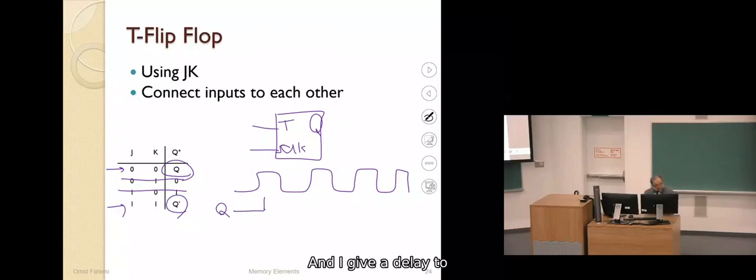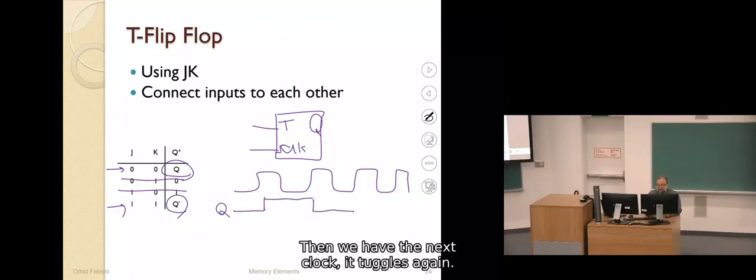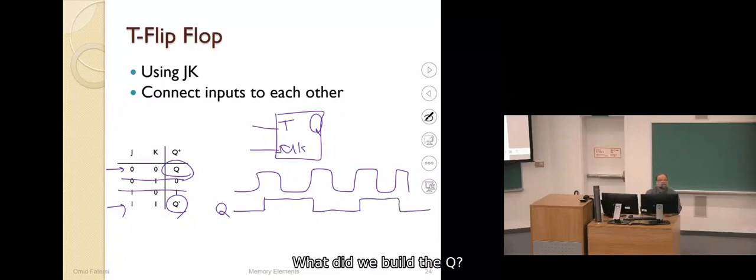And I give a delay to that until it propagates, so a little delay. Then we have the next clock. At the next clock, it toggles again. Then we have the next clock, it toggles again. Then we have the next clock, it toggles again. What did we build? What is the frequency of Q compared to clock?